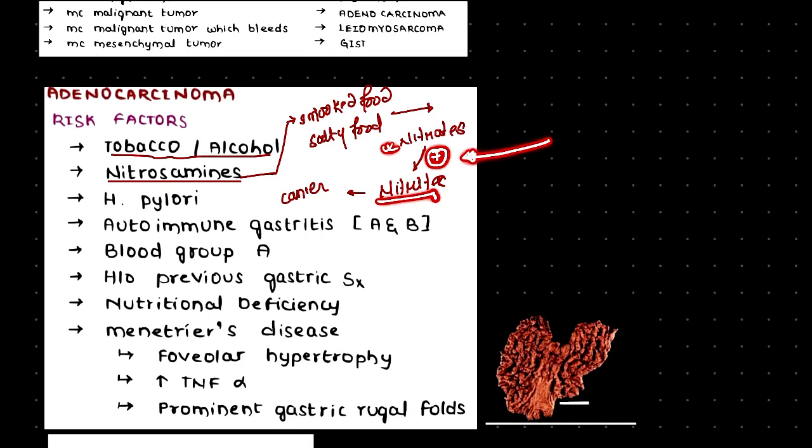That is why low socioeconomic condition, or unrefrigerated or unhygienic conditions, is also a risk factor for adenocarcinoma.